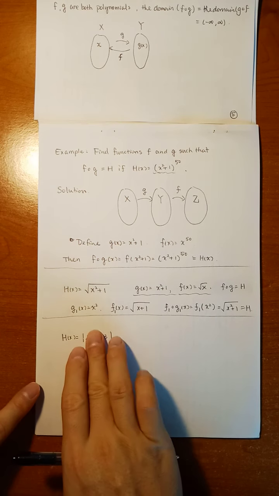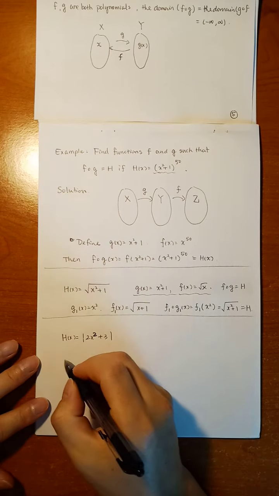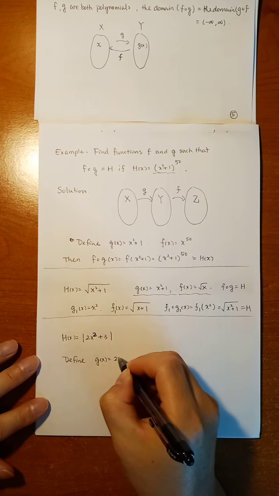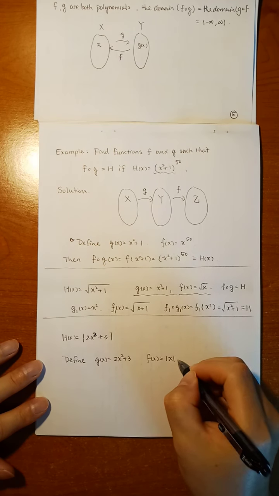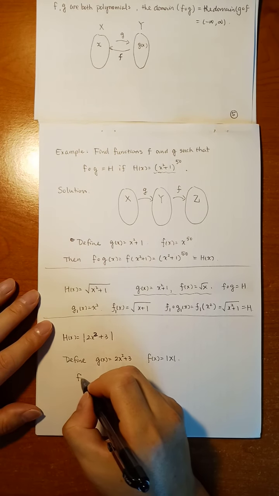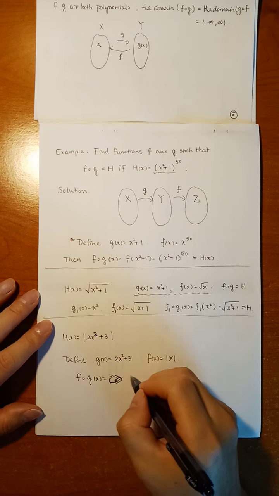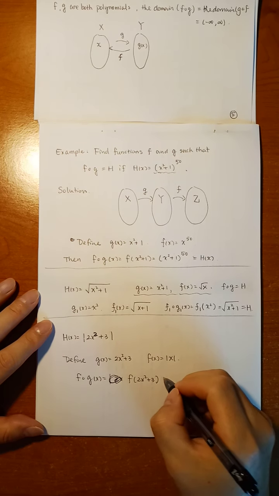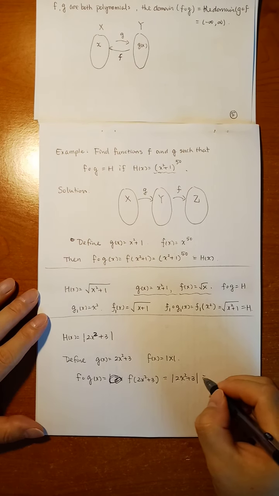After you get it, you compute the absolute value function. That's the order. So we define g of x as 2x squared plus 3 and f of x as the absolute value of x. So f composed with g of x is equal to f of 2x squared plus 3, and then you take the absolute value. It is equal to h of x.